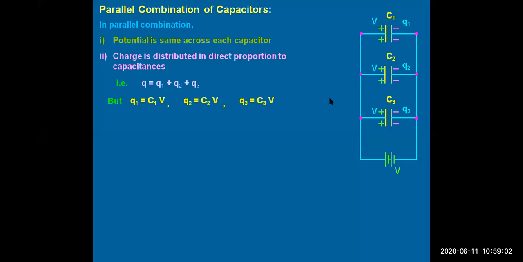Now when we are adding, what will we get? In general, Q is equal to C into V for the combination. CV should be equal to, instead of Q1, we write C1 into V. Instead of Q2, you write C2 into V. Instead of Q3, we will write C3 into V. What is common in this expression, C1V plus C2V plus C3V?